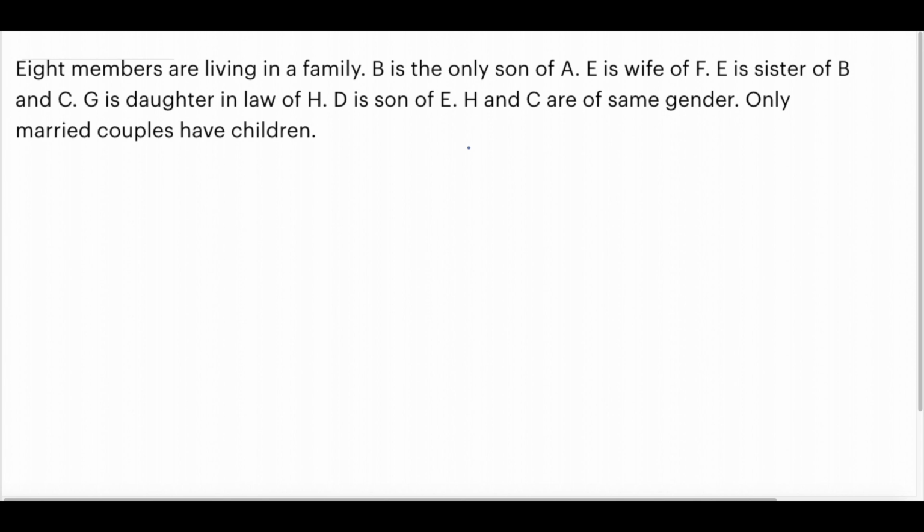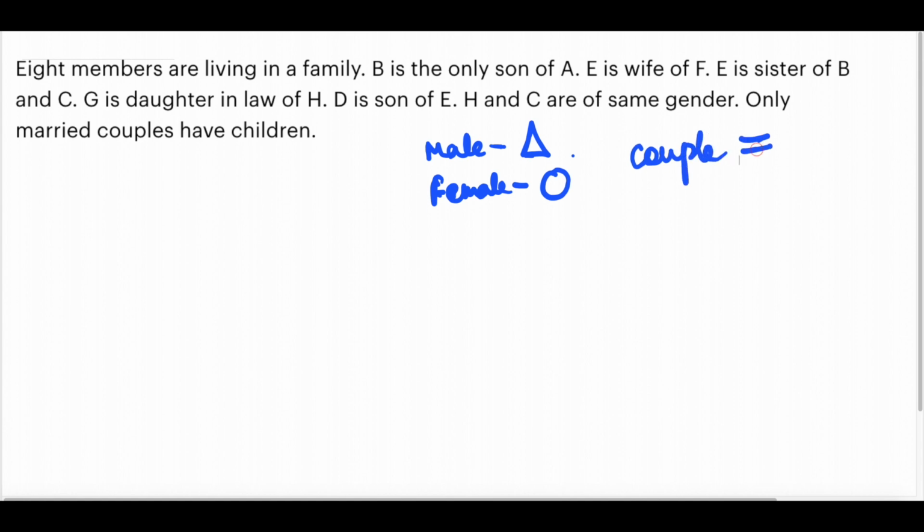So here in this question, I'm going to denote male with triangle and female with circle, and couple with double line. So let's see. B is the only son of A. So A is here.